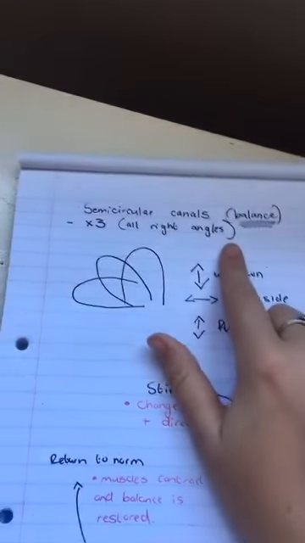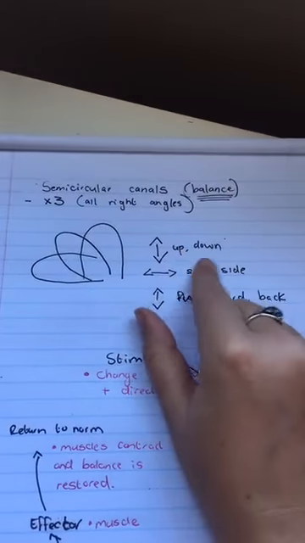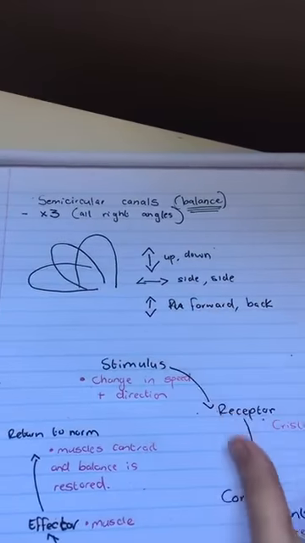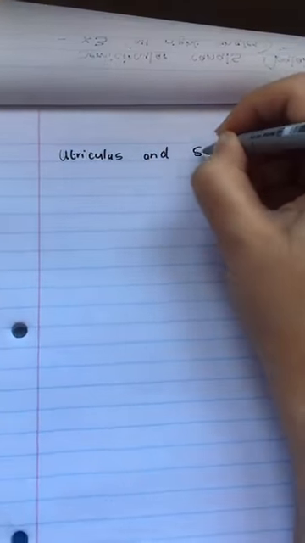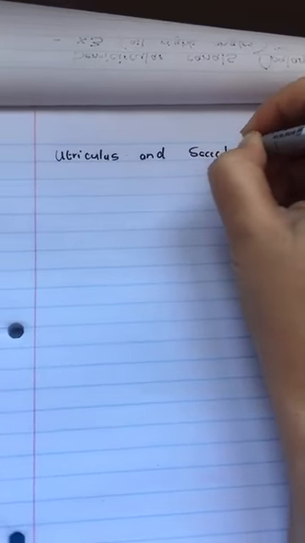So if these are the semicircular canals and they do up, down, side, back, and forward movement, you also need to worry about posture. So when we look at posture, we are talking about the utriculus and sacculus. Okay? And that is for posture.